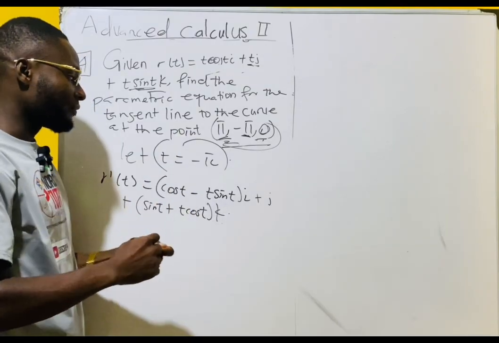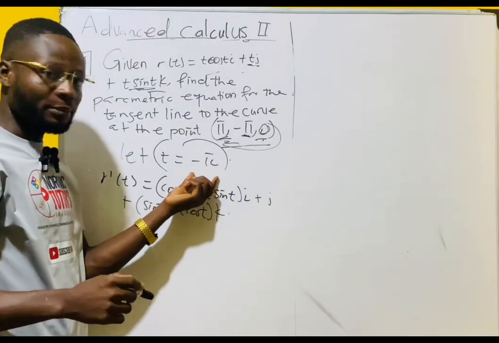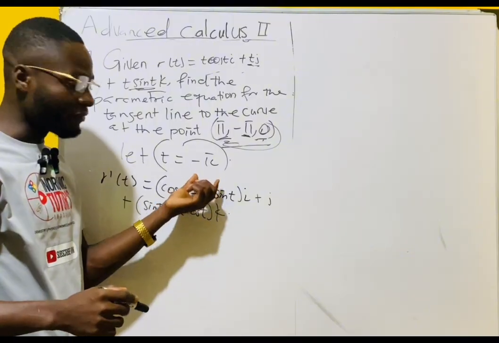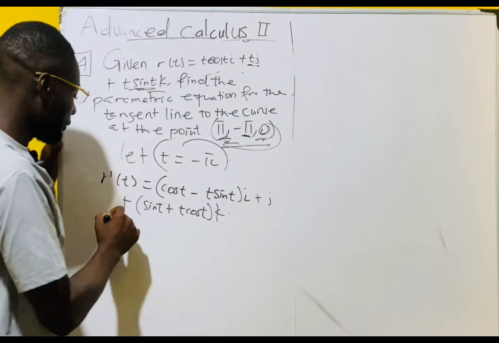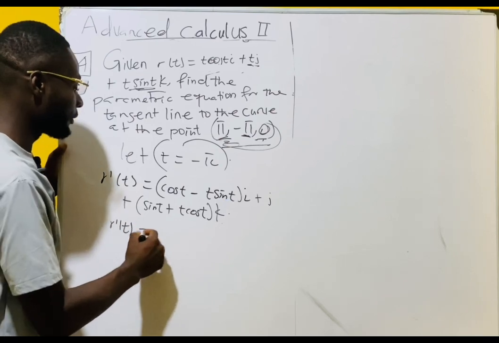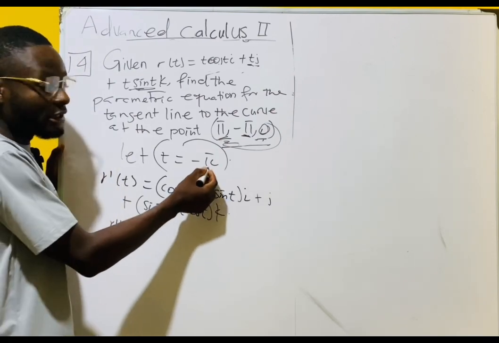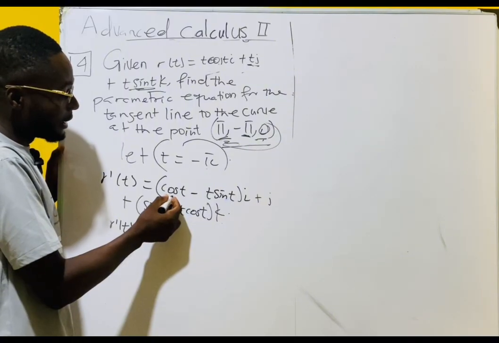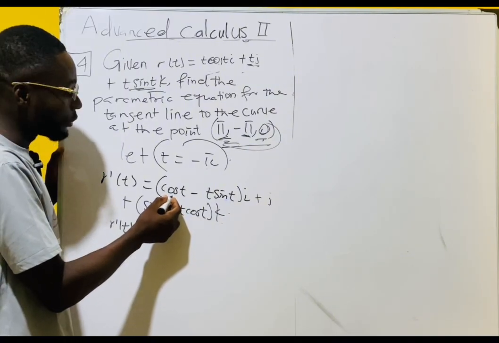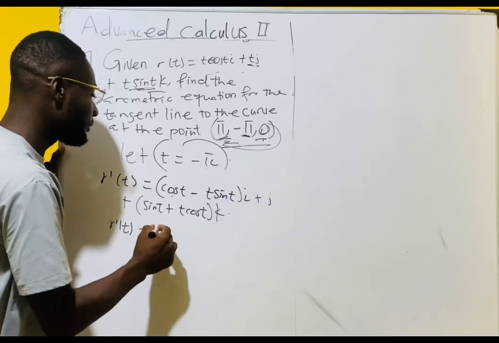So we have to substitute the correct parametric value into it to find the direction vector. When we substitute negative pi into cos, we are going to have positive 1.